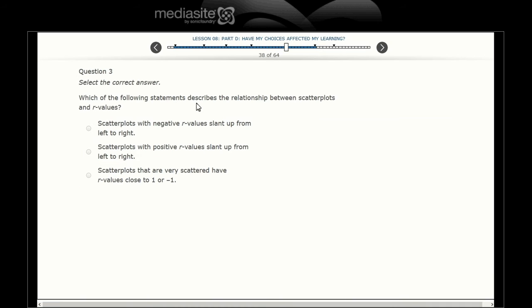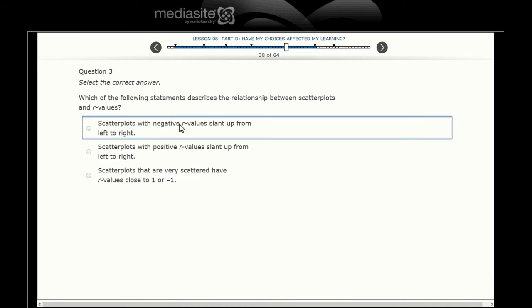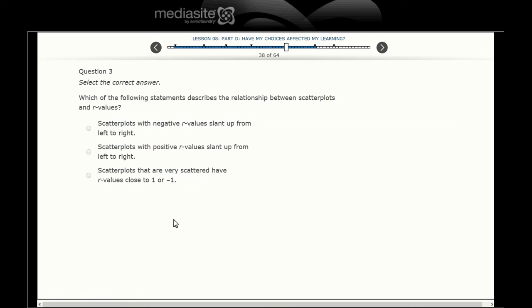So, which of the following statements describes the relationship between scatter plots and R values? Scatter plots with a negative R slant up. Okay, negative implies a negative slope, so going left to right, is that going up?